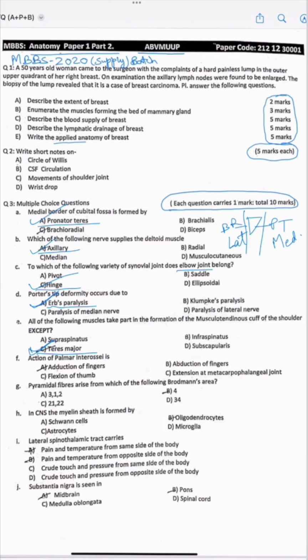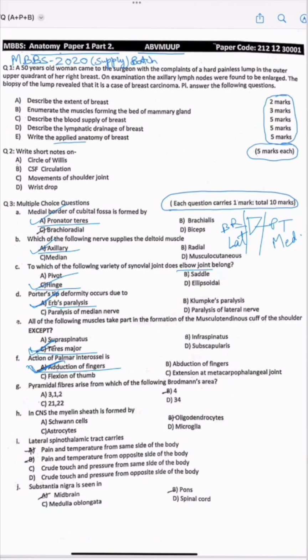3F. Action of palmar interossei. Adduction of fingers, abduction of fingers, flexion of thumb, extension at the metacarpophalangeal joints. It's a very easy question. You all must be knowing that palmar interossei is basically an adductor of the fingers. Palmar interossei bring all the digits nearer to the middle finger, and that's why the middle finger is devoid of its own palmar interossei, meaning there is no attachment of palmar interossei to the third metacarpal or the phalanges of the third digit.